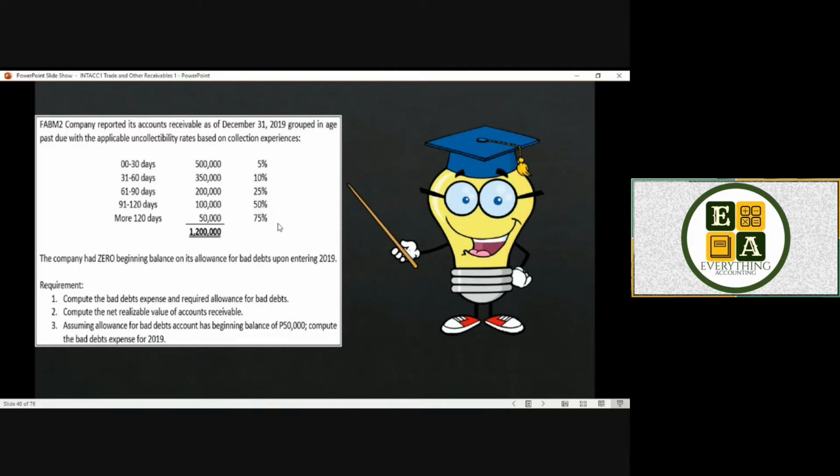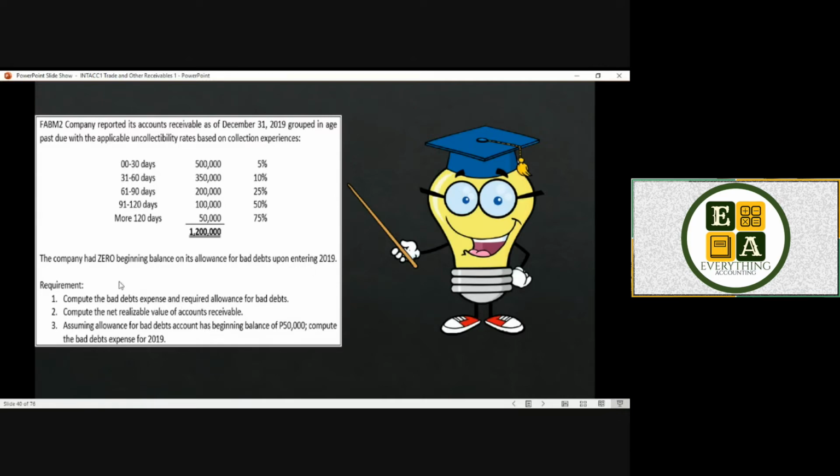Okay? Yung total ending balance is 1,200,000. Then yung breakdown per age group is eto. The company has zero beginning balance, the allowance for bad debts upon entering 2019. So sa beginning ng 2019, wala tayong beginning balance ng allowance for bad debts.